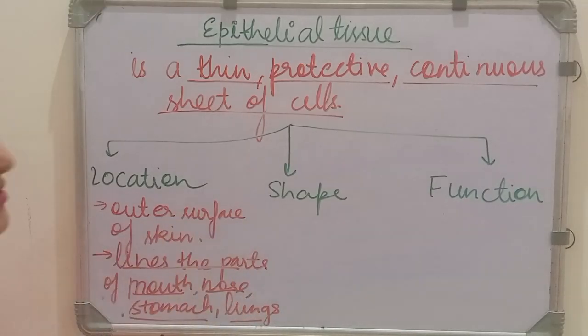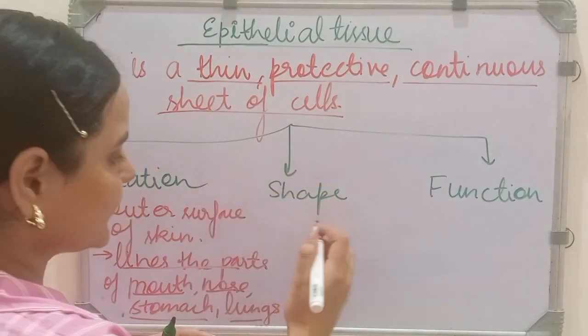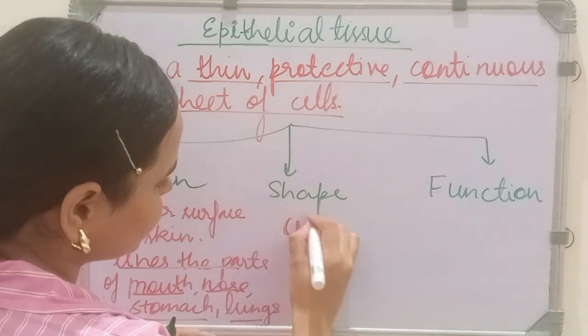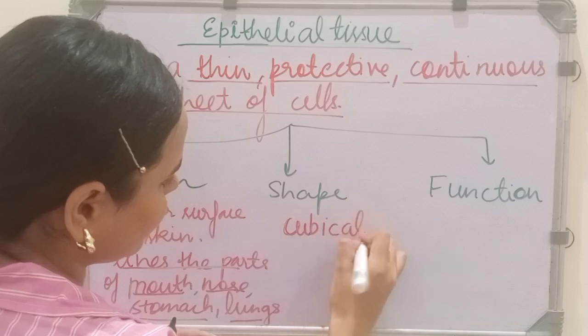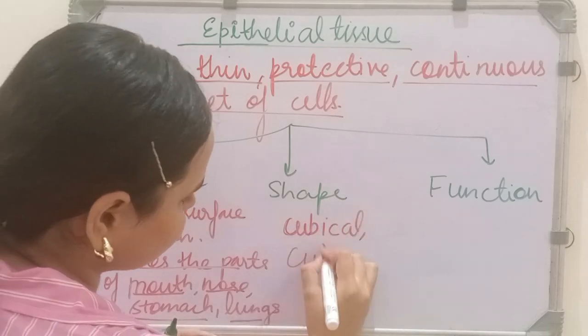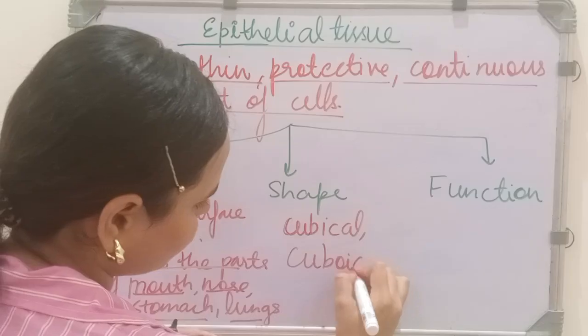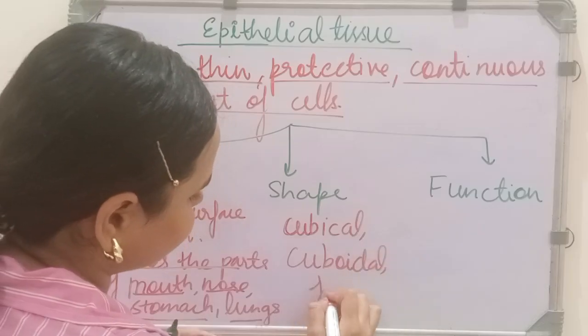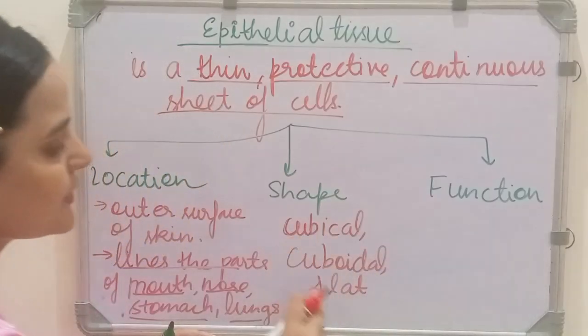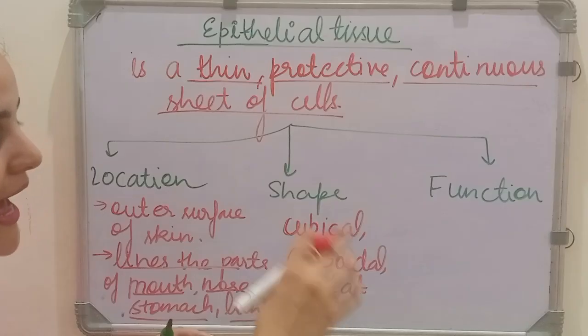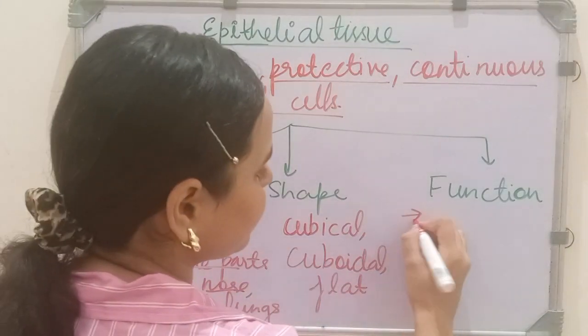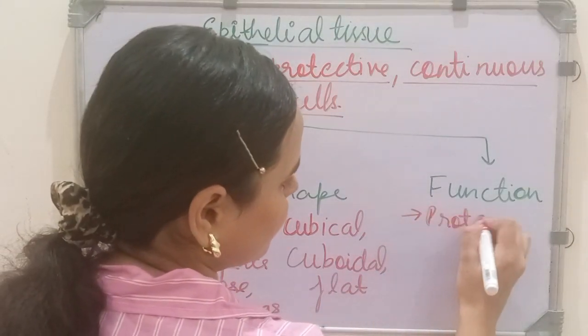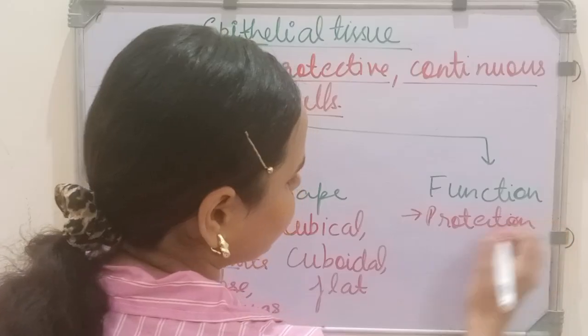If I talk about its shape, it is cubical, cuboidal and flat. So it may be cuboidal or flat, and its function is what? Protection in case of skin.